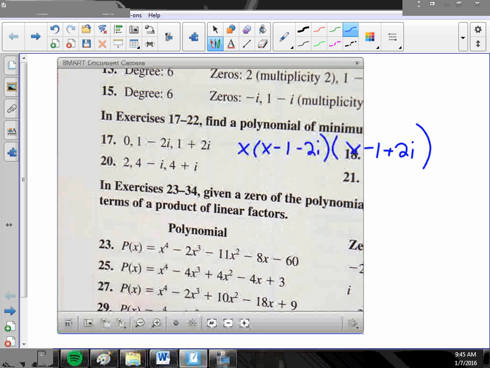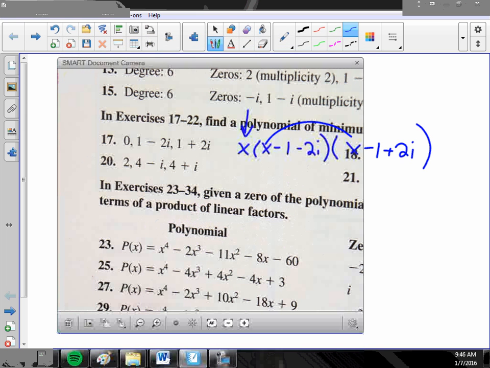Now, when you multiply complex conjugates, skip all of the i's except for the one i multiplication you actually need to do, when you multiply the i times the i, the last one. I'm going to wait to bring in this x until the end. So I'm going to do the complex conjugates first, and then I'll bring in the x.